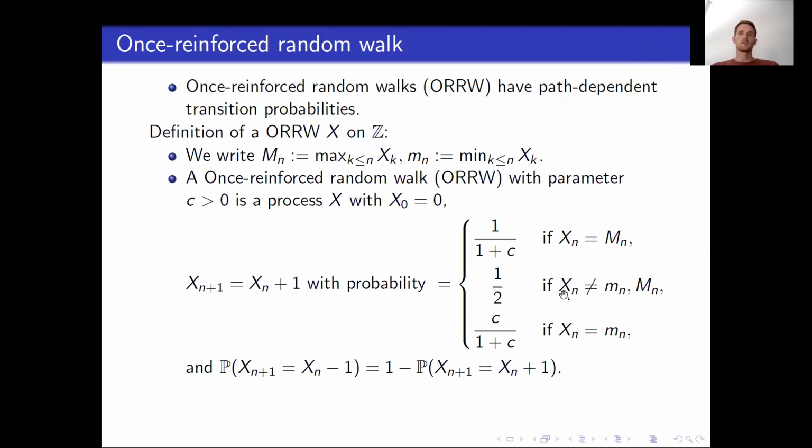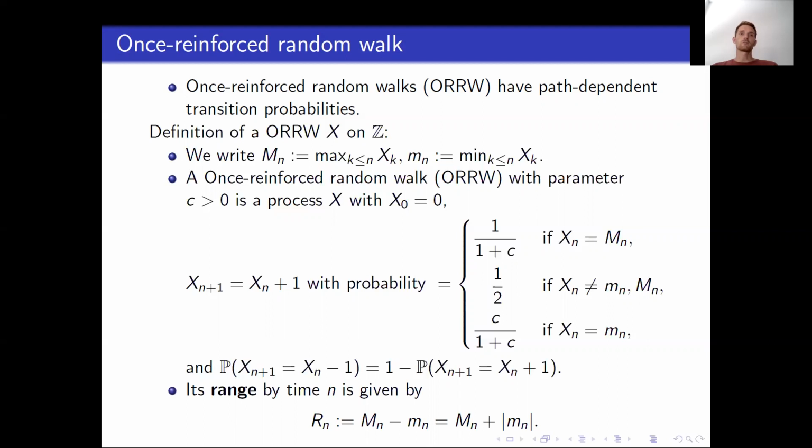If the process is somewhere in between maximum and minimum, then we have probability of one half to move one step up or down. And as soon as the process is at its maximum or minimum, we have a probability proportional to 1 to move to a spot where the walk hasn't been yet, and a probability proportional to c to move it back inside to this area where the walk already has been.